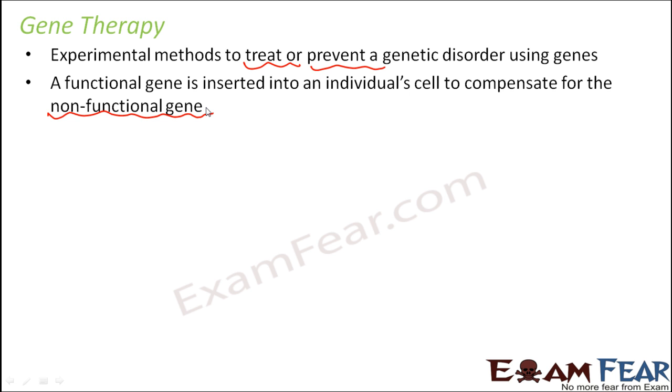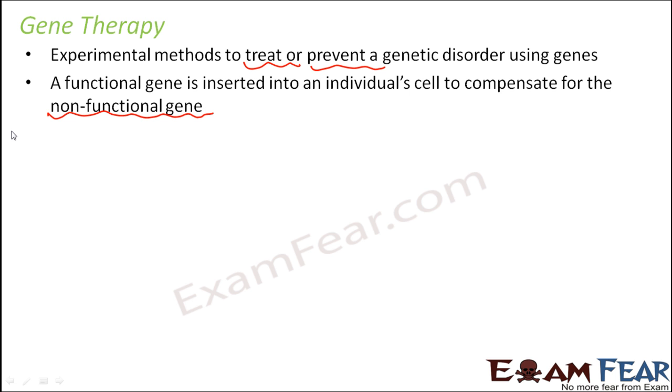We take a normal gene, extract it from somewhere else, and insert it into that individual so that the inserted gene can take up the role of the non-functional gene. It is like you do not have something and you replace it with something which is working fine. That means you can treat the genetic disorder.